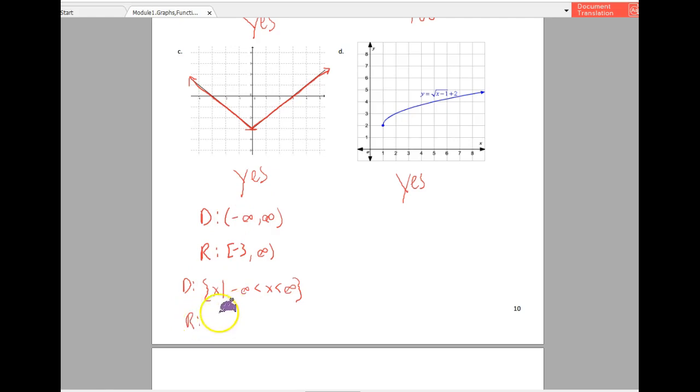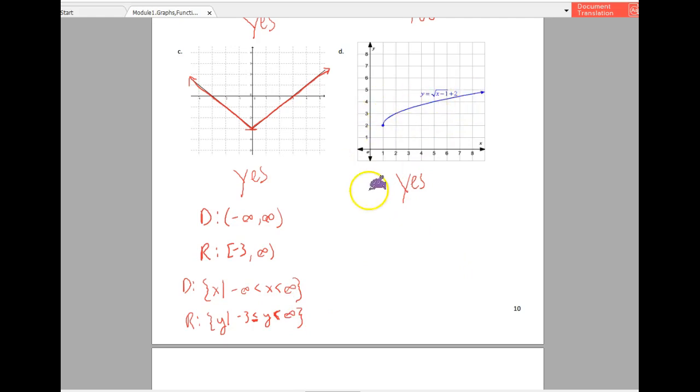And the range would be all the y values, starting at -3 less than or equal to, because I'm including -3 as part of my answer, and up to infinity. Again, just using the less than here because I'm not including infinity as a number.